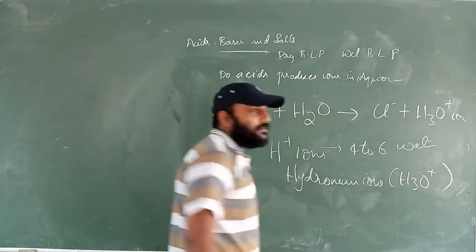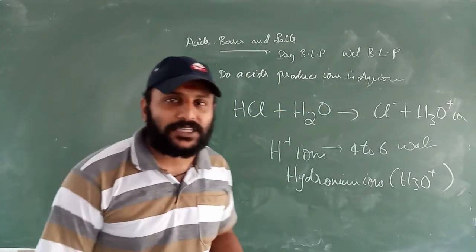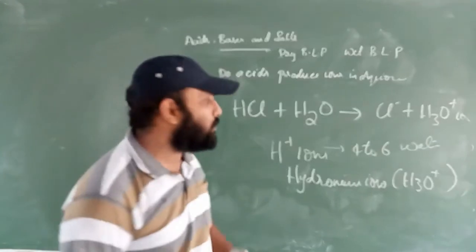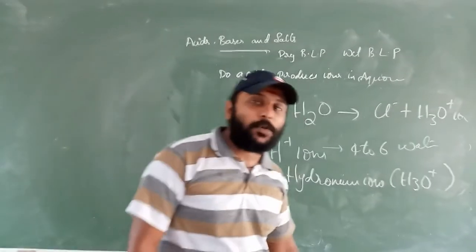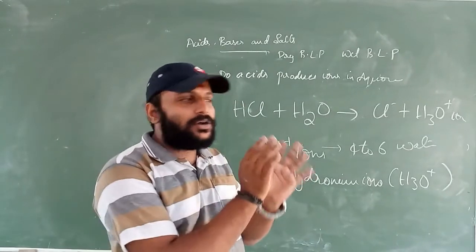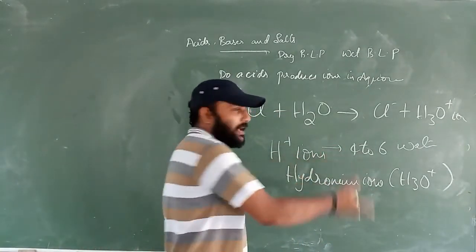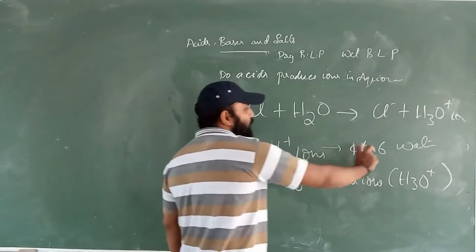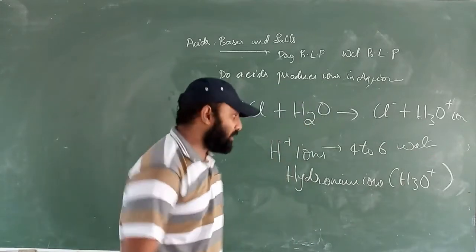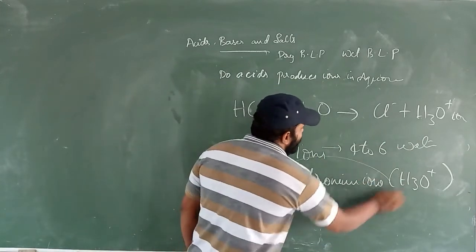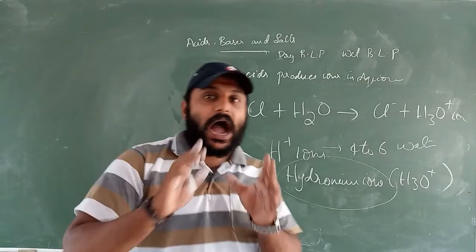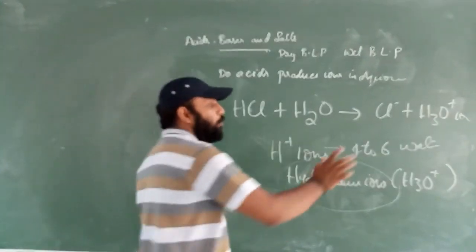So whenever I say it produces H plus ion, I am talking about the H3O plus ion. Why? Because hydrogen ion will not be present as a bare ion. Usually it reacts with 4 to 6 water molecules and is always present as hydronium ion, H3O plus.